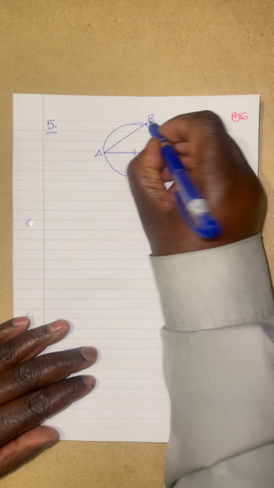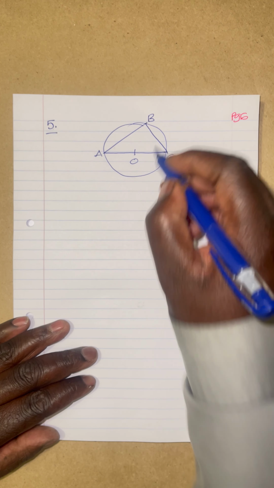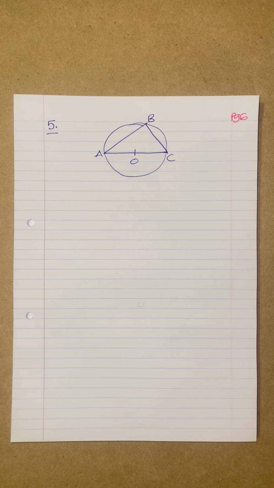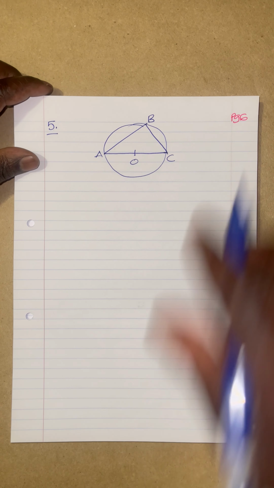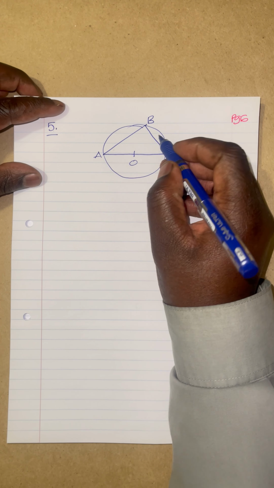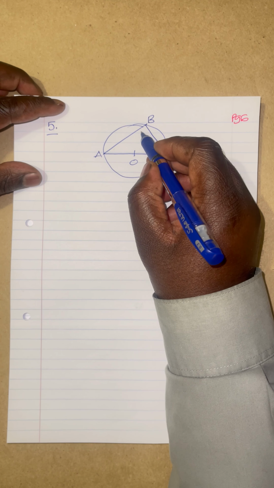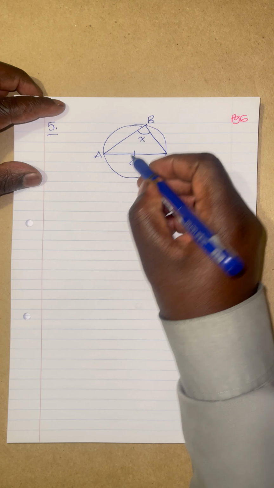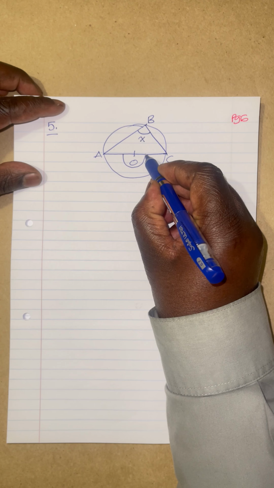This is our B. We're supposed to prove that that angle is 90 degrees. Well, how do we go about this? This is one of the easier theorems to prove. I'm going to use small letters. We call that angle x, and let's call this angle here at the center y.